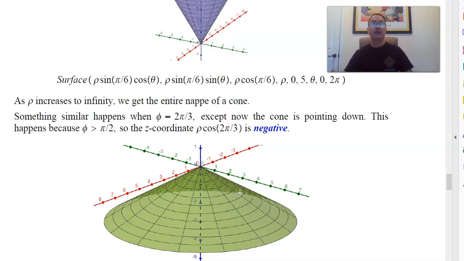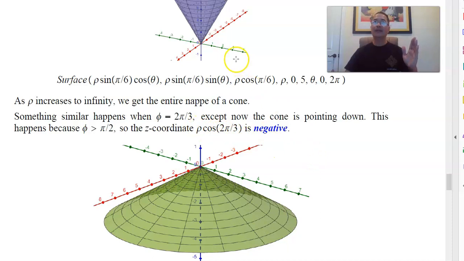So the z-coordinate is going to be a negative number. So we have an upside down cone. Don't put any ice cream on it or you're going to cry because you lost it. There's something missing. What if your phi were exactly in the middle at pi over 2?